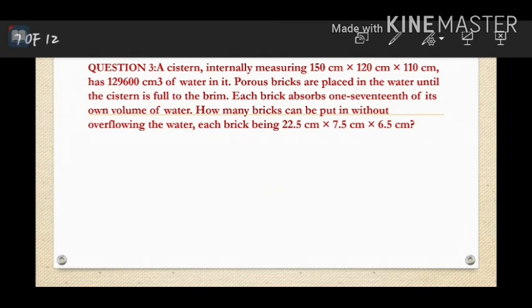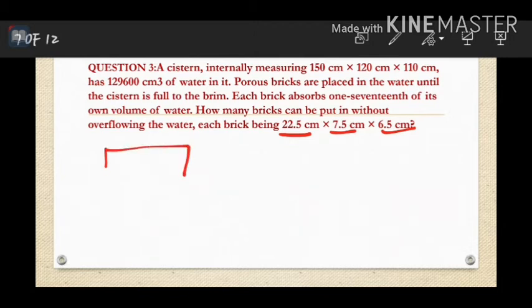Now porous bricks are placed in the water until the piston is full to the brim. Each brick absorbs 1/7 of its volume, and the dimensions of the bricks are given as 22.5 centimeter into 7.5 centimeter into 6.5 centimeter.